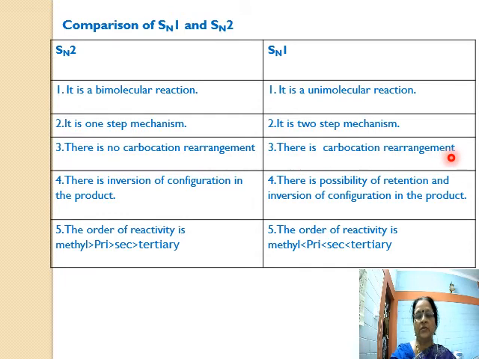I told you to get the most stable carbocation there will be rearrangement. Here in this case there is inversion of configuration, whereas here there is no inversion of configuration. The order of reactivity I have given here: primary, secondary and tertiary, whereas it is going to be once again, but in this case the primary will be more reactive, whereas in this case tertiary will be more reactive. If you want, you can write it the other way around.